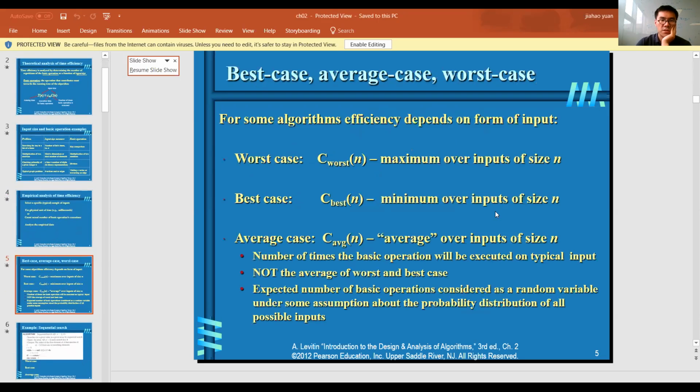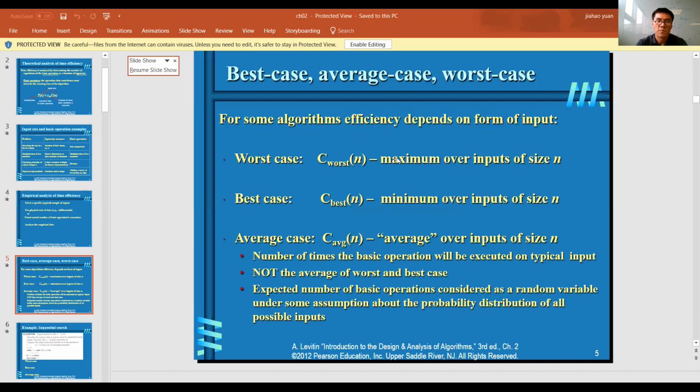So every time we will meet the best case, average case, and worst case scenario. For an algorithm, what is the best case? For example, when you search for a key in a list, you basically go through the whole list and compare every item to the number you're looking for. You could be lucky that the item you're looking for is right at the beginning of the list, but you could be very unlucky and the item is at the end of the list.